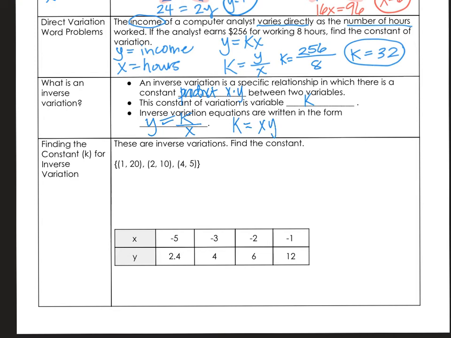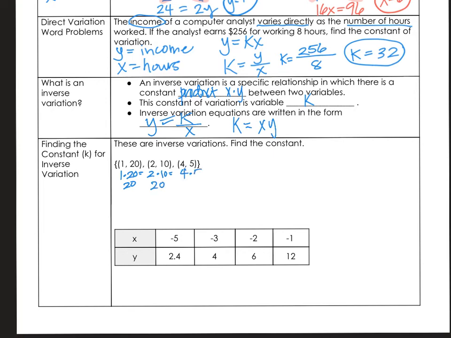Okay, so we have some ordered pairs and we need to find the constant for these inverse variations. So we're going to multiply the x value times the y value. When we do, we get 20. We notice that this is inverse variation because when you multiply the two values, you get the same number.